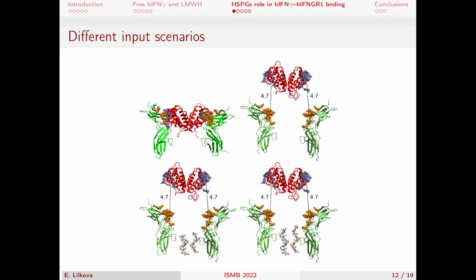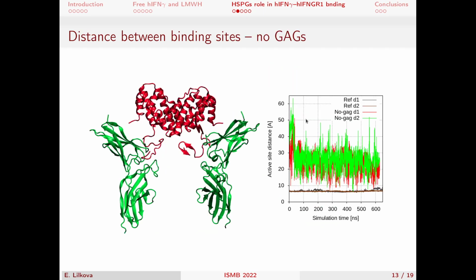In the next scenario, we have this full-length human interferon gamma molecule distanced at about 4 to 5 nanometers from the cellular receptors, and then we took this configuration and we put hexa or octasaccharides between the receptors to mimic the presence of heparan sulfate proteoglycans at the cell surface. We monitor the distance between the binding sites in the receptors and the cytokine.